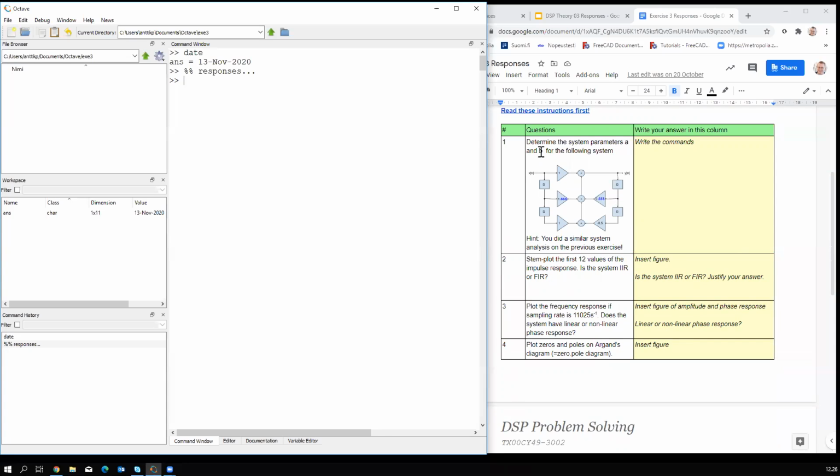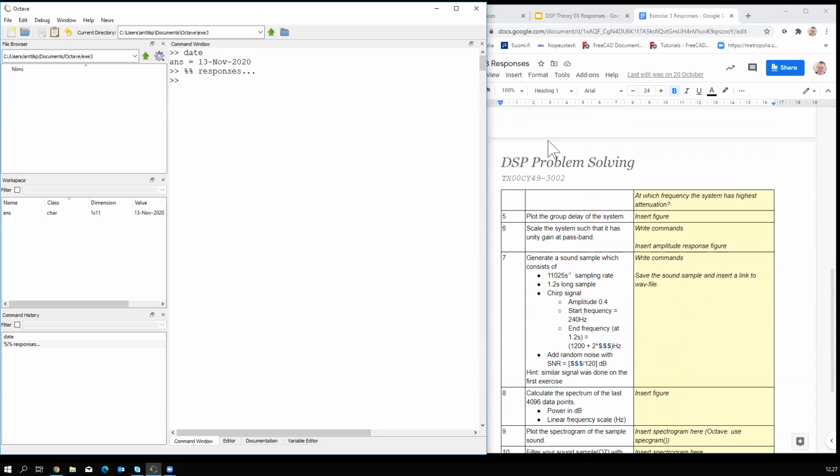And if you do the same mistake in here, then you have lost a couple of points already. But anyways, let's take a slightly different approach. So I will also show you how to make this system from a zero-pole diagram.